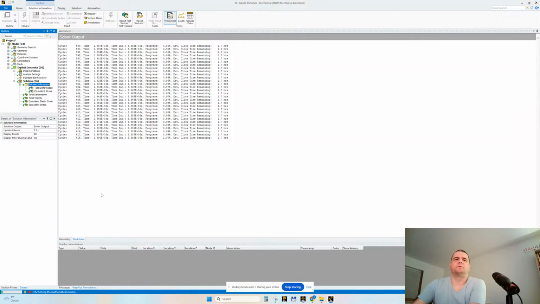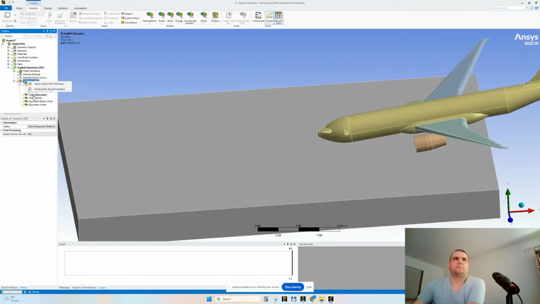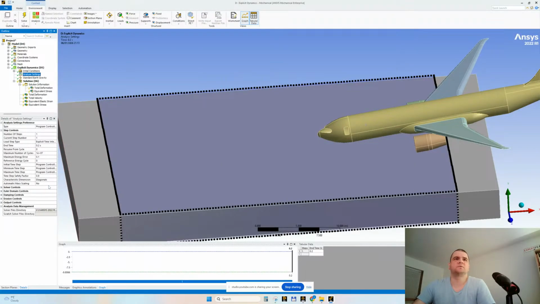So of course we will not wait for 1.5 hours. Let's shorten even more. Clear generated data. My proposal was to introduce mass scaling. Let's see if it does something.